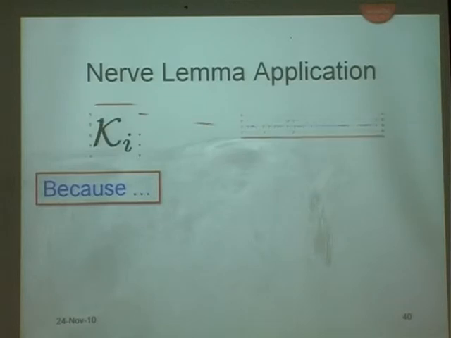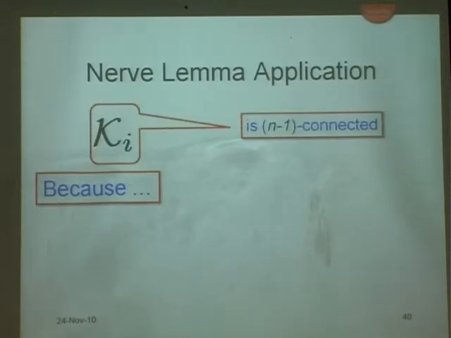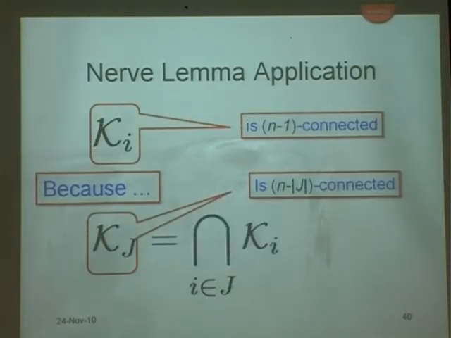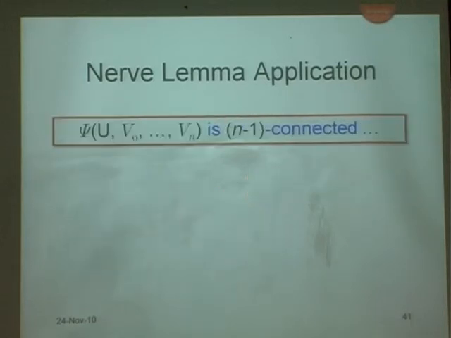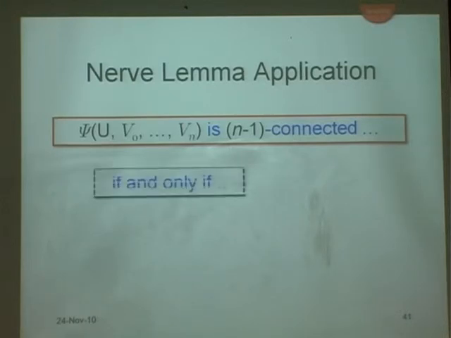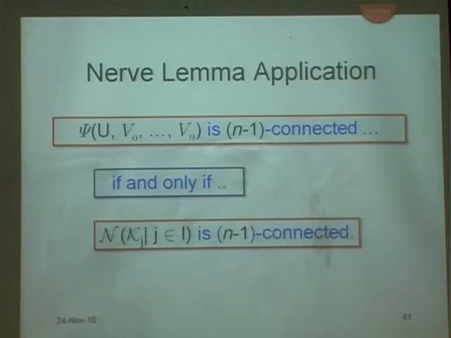And what it says is that because each of the k sub i's is n minus 1 connected, and each of the intersections is n minus size of J connected, then we know that the pseudosphere, the thing we're interested in, is n minus 1 connected if and only if its nerve complex is n minus 1 connected.